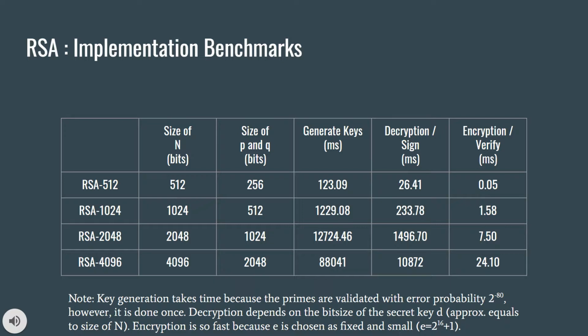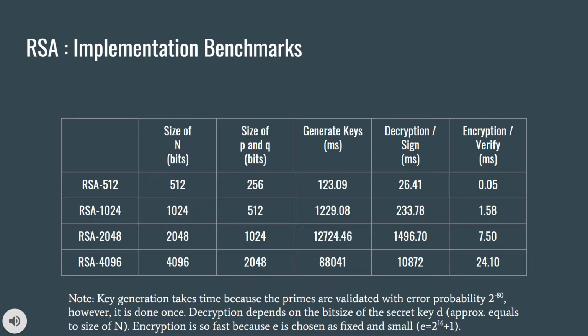Generating keys takes longer if the size of n gets bigger. Decryption is faster than generating keys, but it also gets slower when the size of n grows.